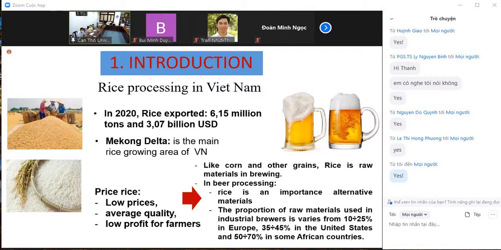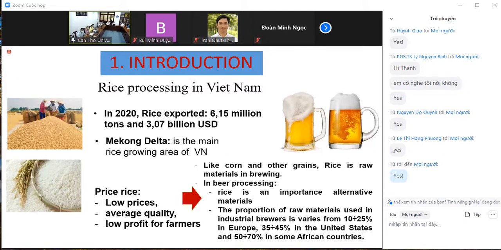However, there are disadvantages for rice farming in the Mekong Delta, such as low price, average quality, and low profit for the farmers. In this picture, we can see a very famous product around the world. This is beer.